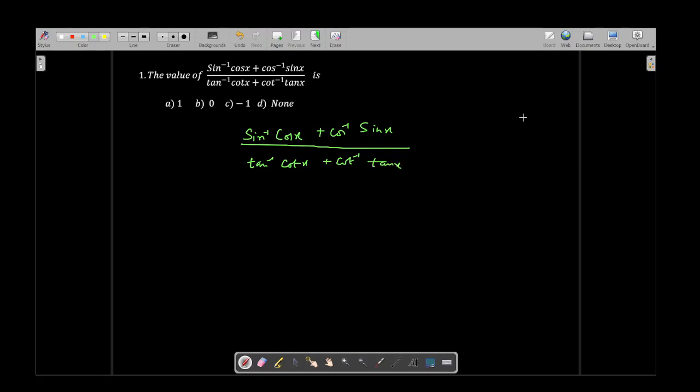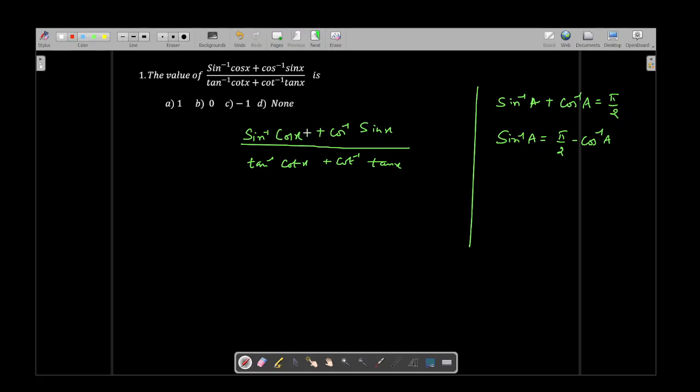So here we can use the formula. We know that sine inverse of a plus cos inverse of a is equal to pi by 2. So I can write sine inverse of a equals pi by 2 minus cos inverse of a.